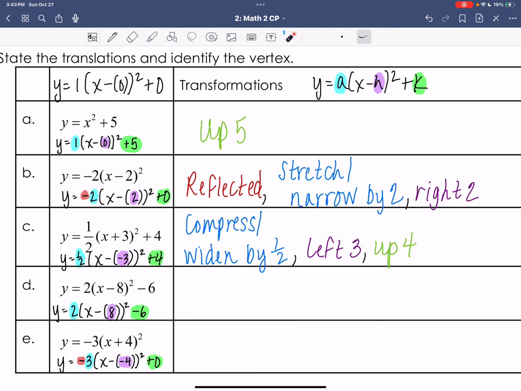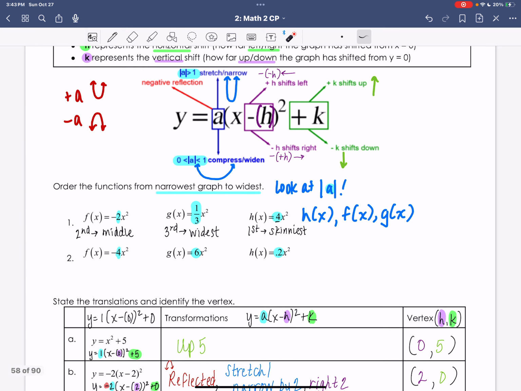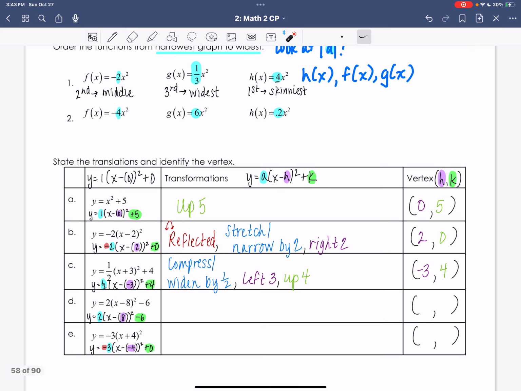Now B has a negative, so right away with that negative, I know it's going to be reflected, meaning it's going to go down. Okay, and then also, if you notice, I have 2. Well, 2, we said up here, that 2 is greater than 1, so it's going to become more narrow.